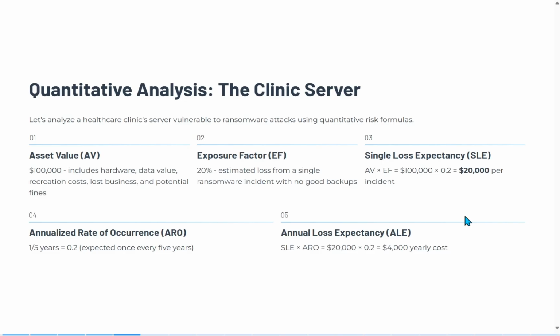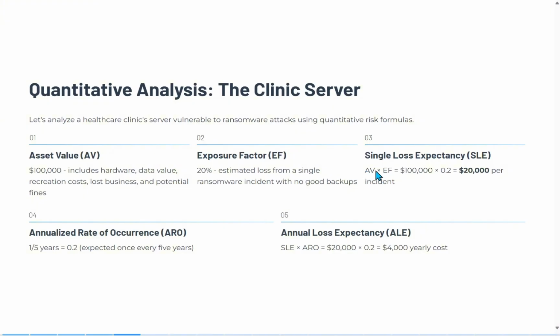Okay. So now to calculate the single loss expectancy, you take the asset value times the rate of exposure. The rate of exposure is 20%, while the asset value here is 100,000 US dollars.